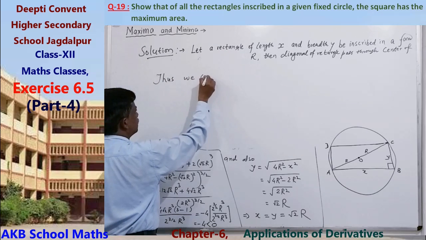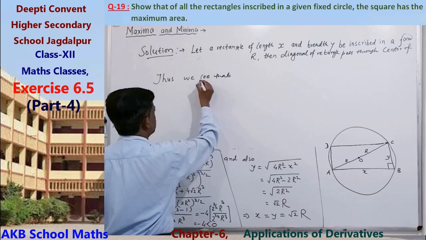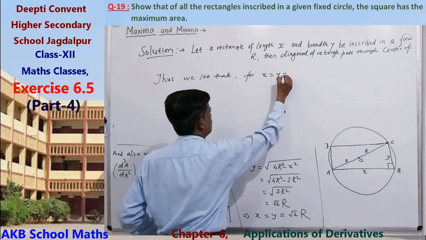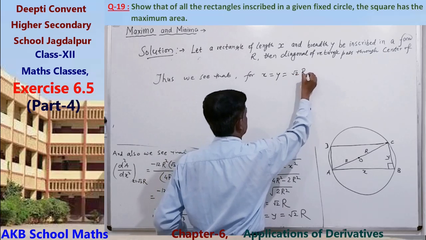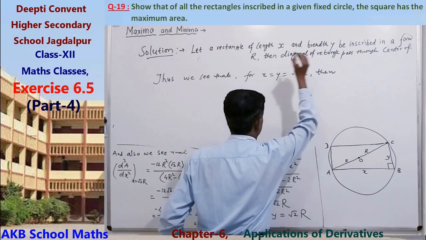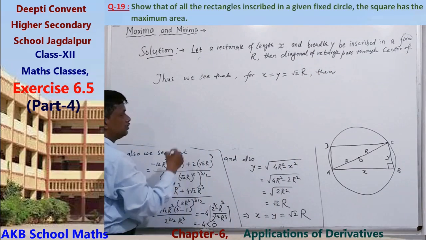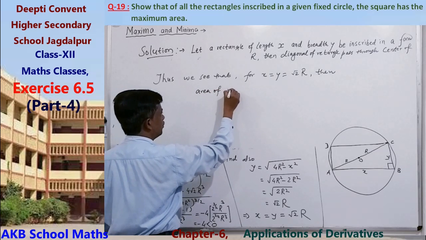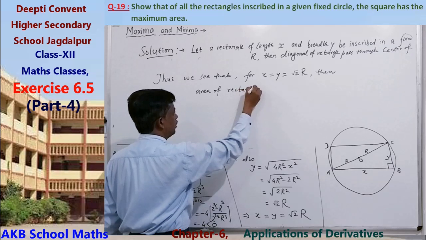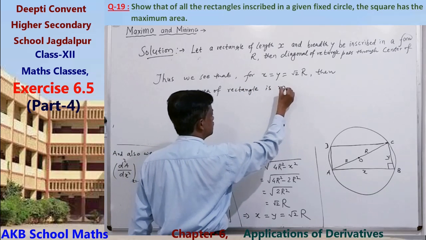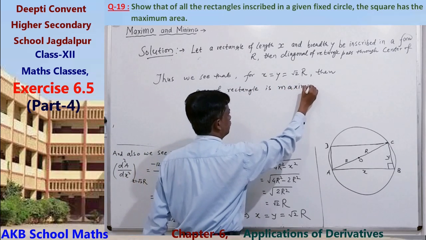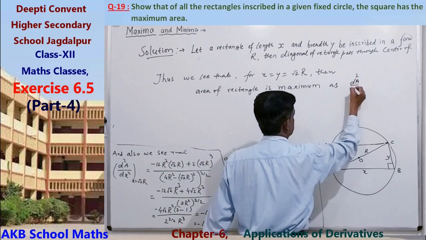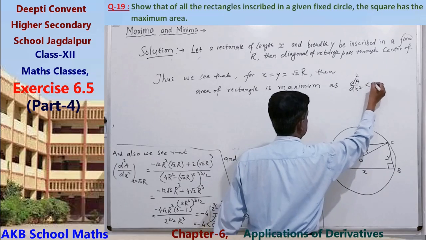we see that for x equal y equal root 2r, the area of rectangle is maximum as second derivative is less than 0.